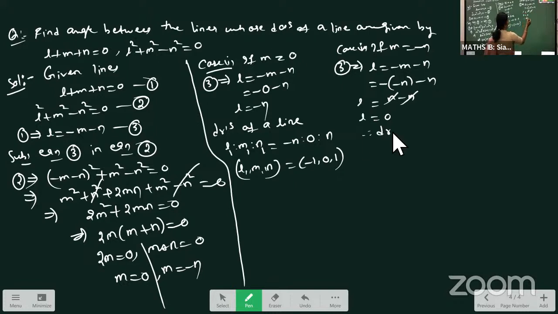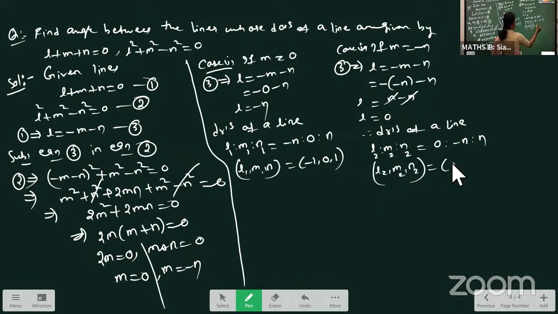Therefore, DRs of a line: l2 is 0, m2 we got is minus n and n2 is n. Cancel n and n. Therefore, l2, m2, n2 values are 0, minus 1 and 1.